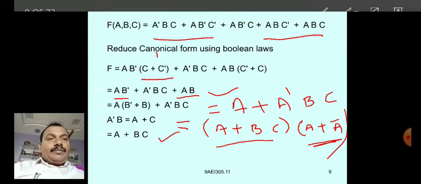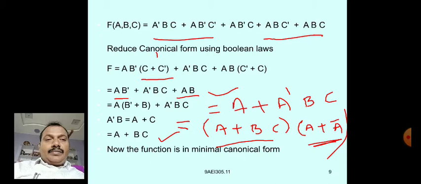So this is the minimal function we have. In a similar way, we can solve different problems, and you can write SOPs and minimize those SOPs.